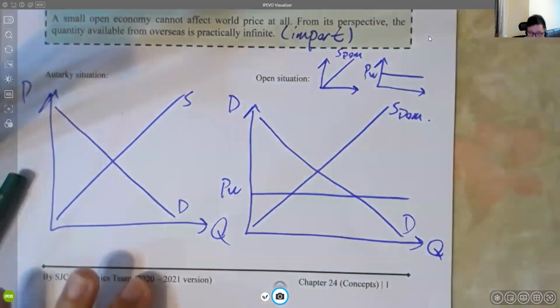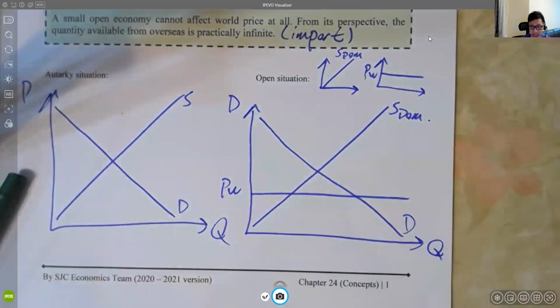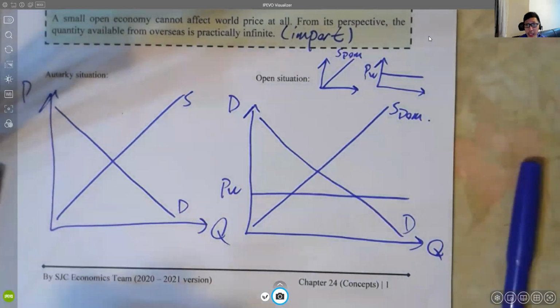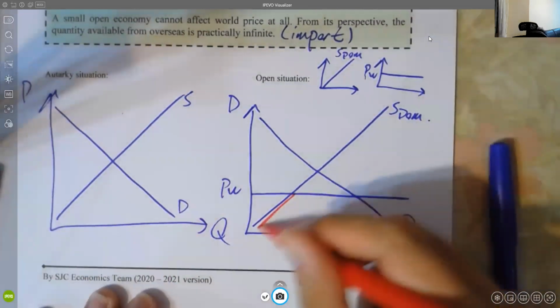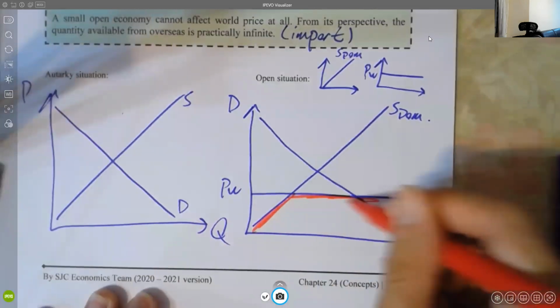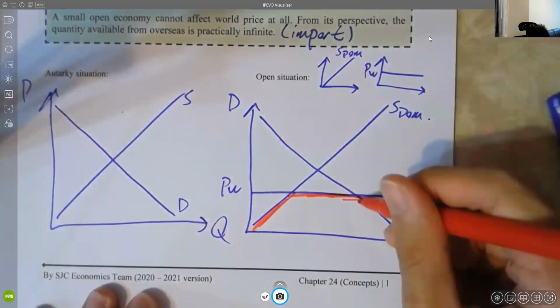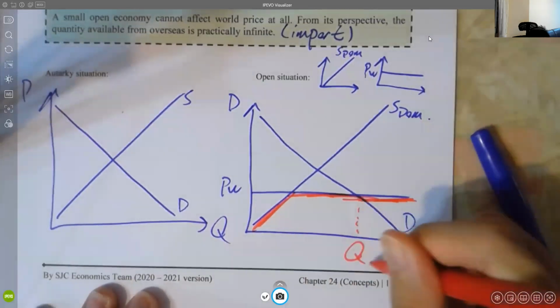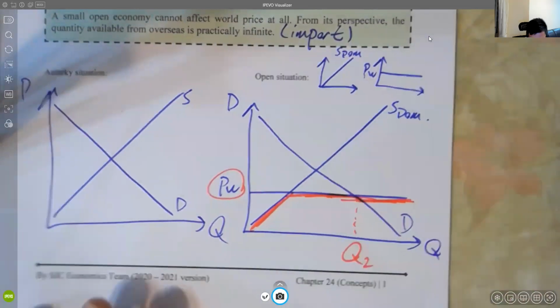This will be our world price, from overseas. So effectively, when these two add together, the effective total supply curve becomes this guy, the red one. And you will see quantity would end up in here, and price would end up in here.